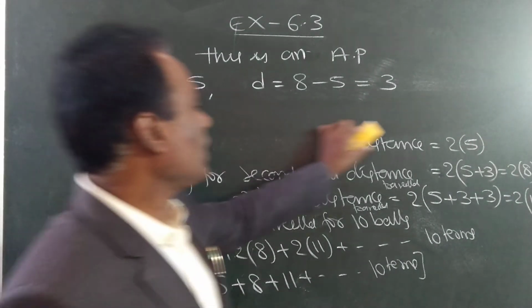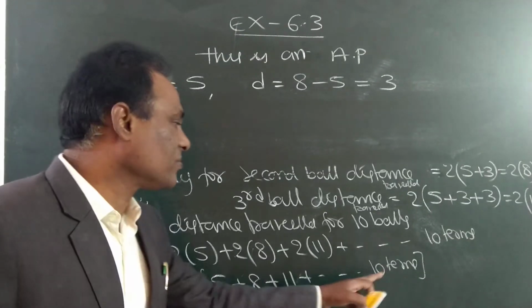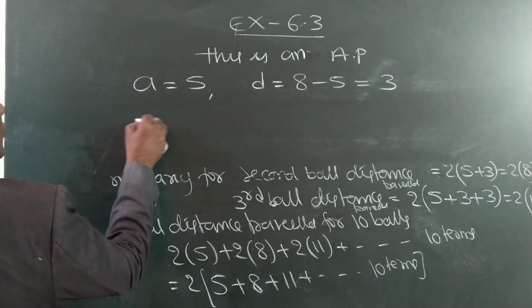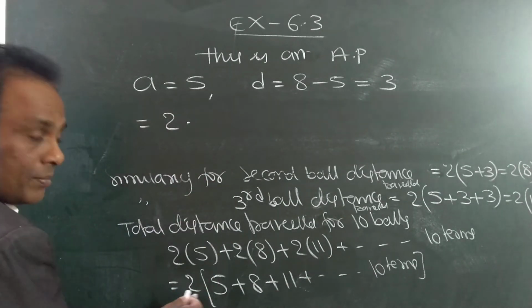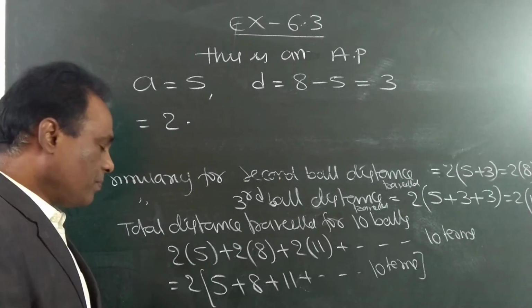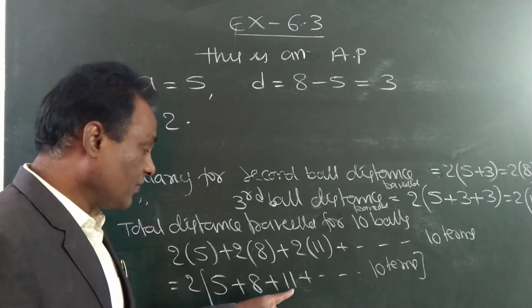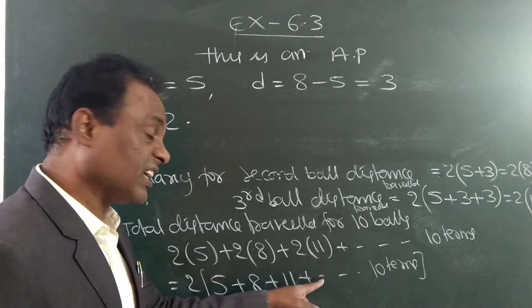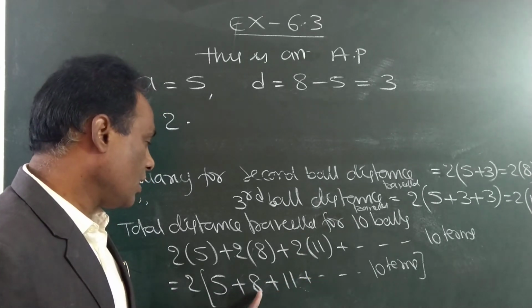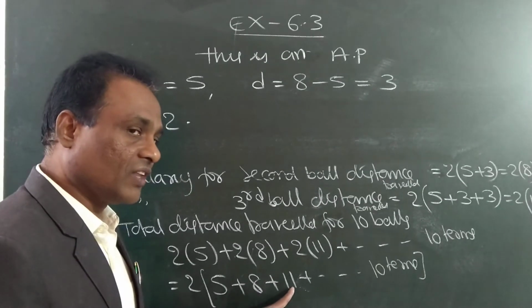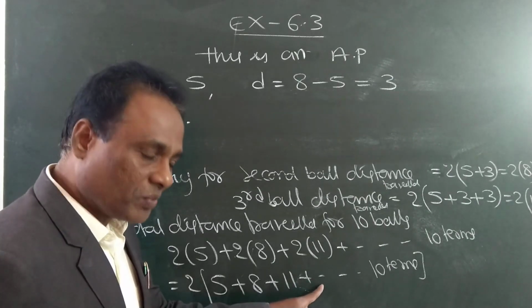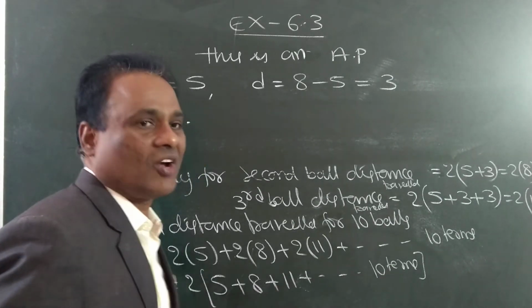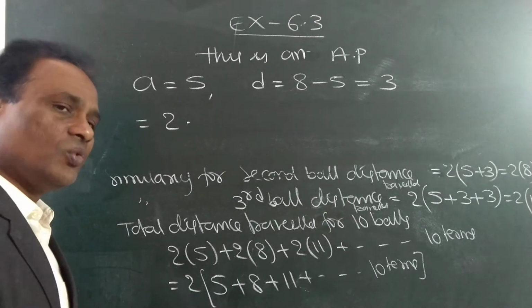So the question is, we have to add how many terms? 10 terms. So this 2 is the same. I am adding this: 5 plus 8, 13. 13 plus 11 is 24. 24 plus next term, plus 3, 14. So 24 plus 14, 38. Like that 10 times we have to add. But we are not adding, we will use the formula.